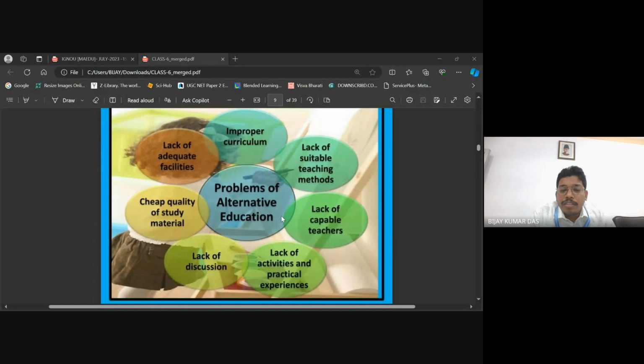Fine, because it is creating hindrances in the teaching learning paradigms. Then next is maybe lack of capable teachers. Even today there are insufficient, inefficient teachers. They don't know how to use computers, right? And they don't know how to use smart boards and develop PowerPoint presentations.